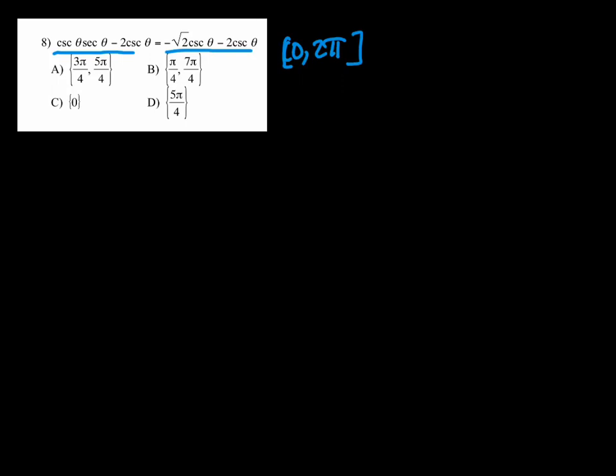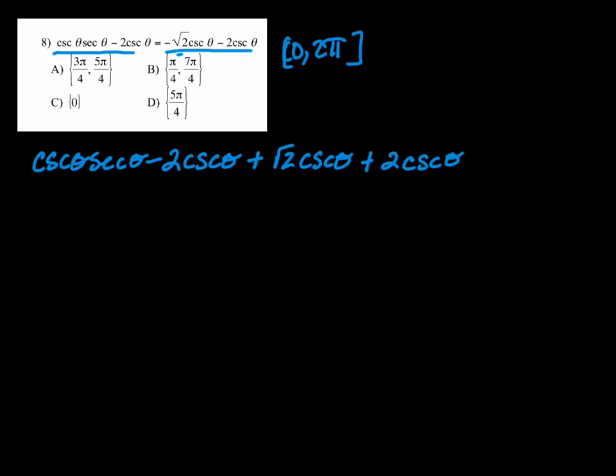So I have cosecant theta, secant theta, minus 2 cosecant theta. And then let's get it all on one side. So plus square root of 2 cosecant theta plus 2 cosecant theta equals 0. So let's factor out a cosecant theta. We could combine all these together, actually, before we do that.